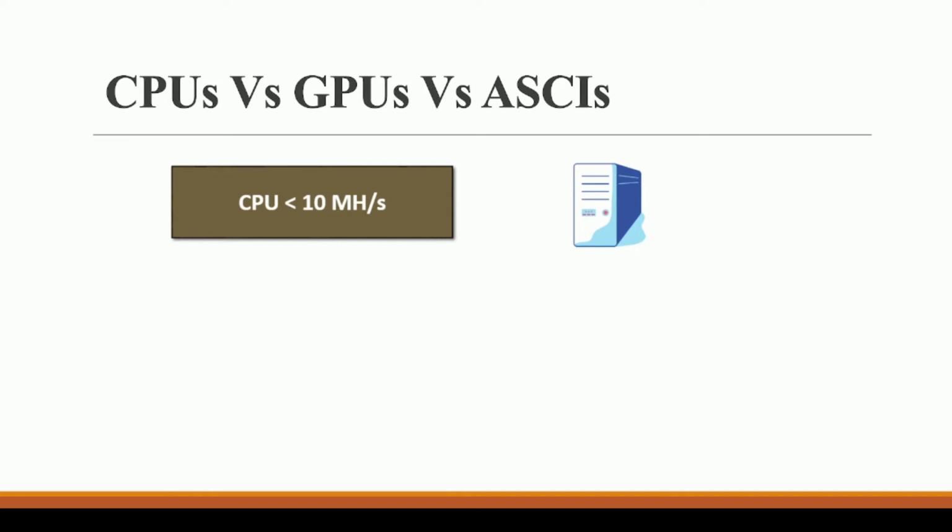In today's world, nobody actually uses CPUs for mining, especially Bitcoin, because it is a very small number. It is only 10 million hashes per second.